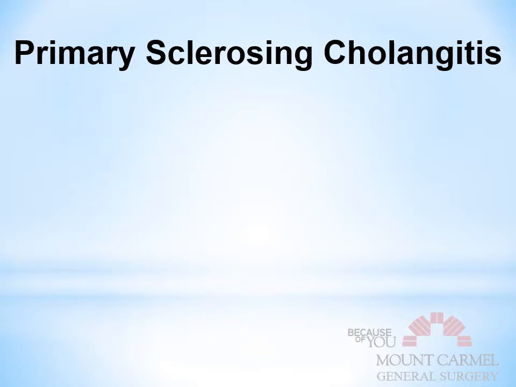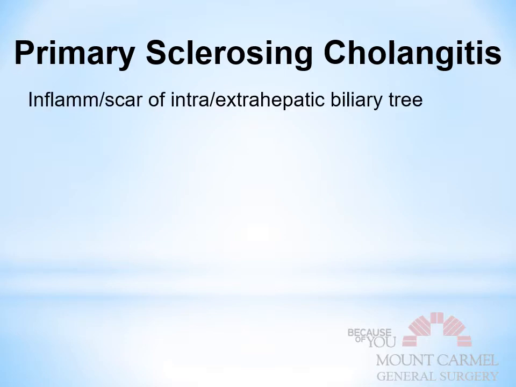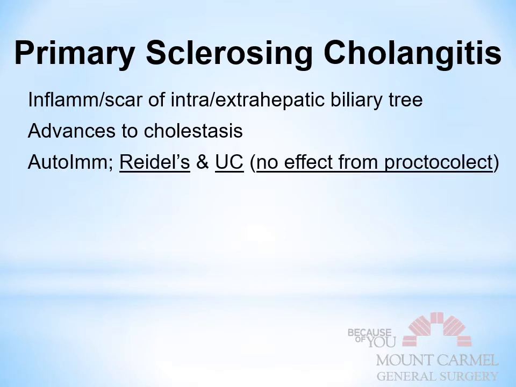Next important miscellaneous condition to talk about is primary sclerosing cholangitis. This is inflammation and scar at the intra and extrahepatic biliary tree normally, although it can be one or the other. It advances to cholestasis, so eventually it obstructs completely. It's autoimmune in nature, associated with Riedel's, as well as ulcerative colitis.